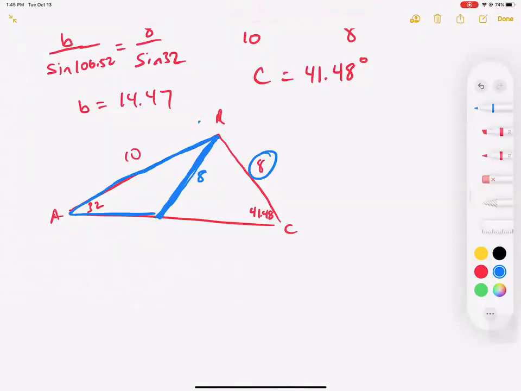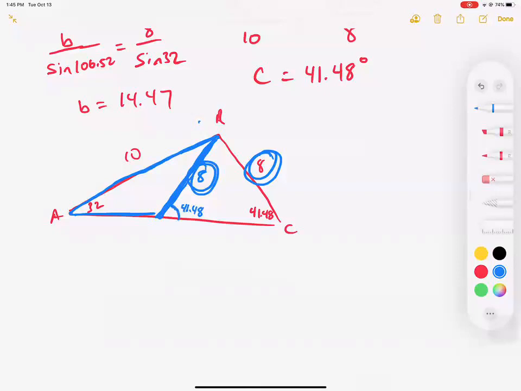Now, here are some geometry skills. If you have a triangle that has the same exact leg size, an isosceles triangle, what can you tell me about their corresponding angles here? If one is 41.48, the other one is actually the same thing, 41.48.